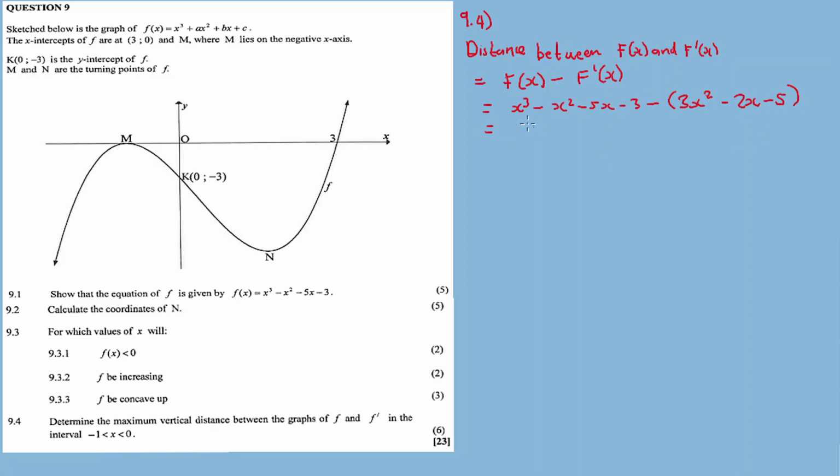This is equal to x cubed minus x squared minus 5x minus 3, minus the bracket, 3x squared minus 2x minus 5. We're just simplifying for the bracket.